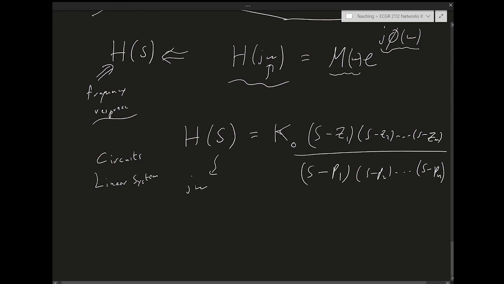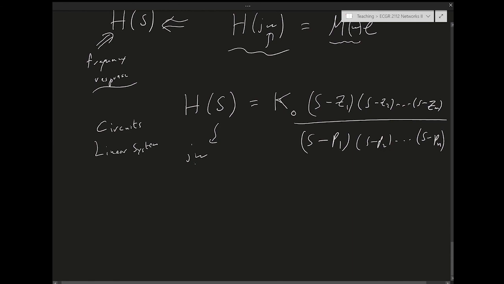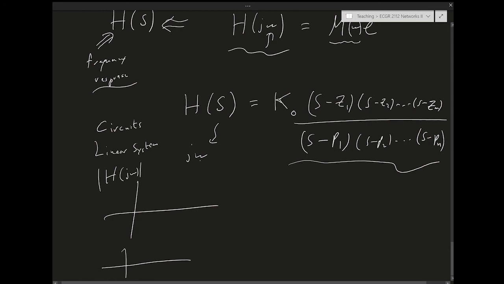So we want to plot this frequency response, and we could always use a computer. Historically, that wasn't readily available, but this day and age, we could use a computer and plug in different frequencies. The magnitude is just the magnitude of H(j omega), and the phase is the phase of H(j omega).